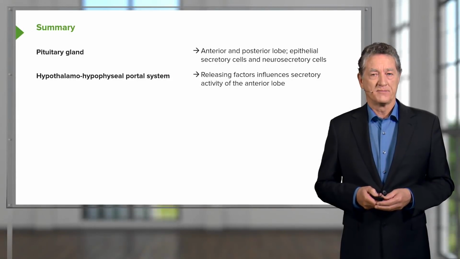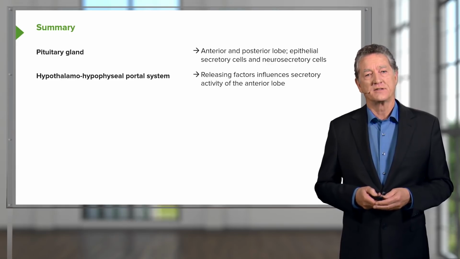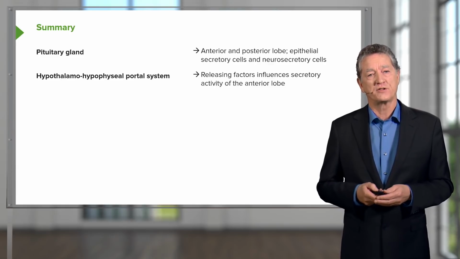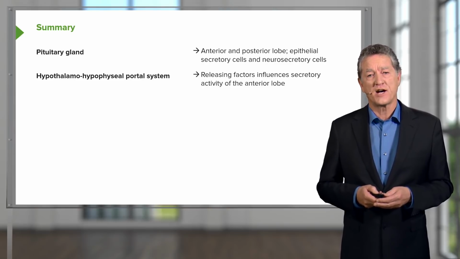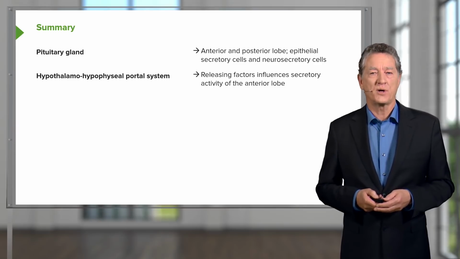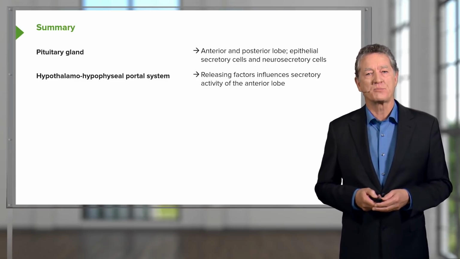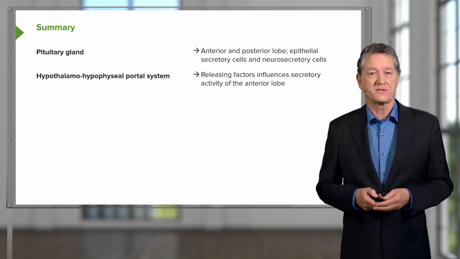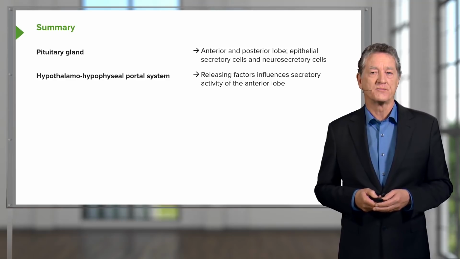In summary then, it's important that you understand the structure of the pituitary gland, particularly the two components of the pituitary gland. It's important you understand the different types of secretory components within both the posterior and the anterior pituitary, and the secretory cells within them, and what the secretory products are from each of those cells, and the general target organ and general function of those different hormones.